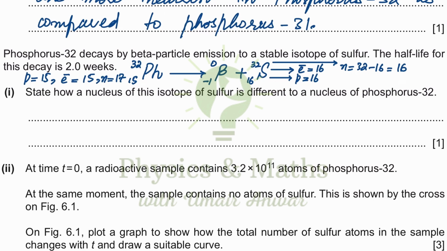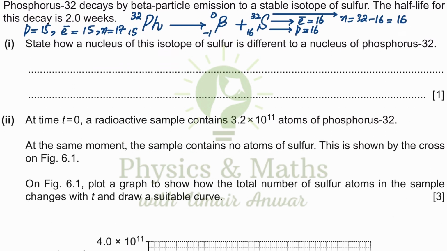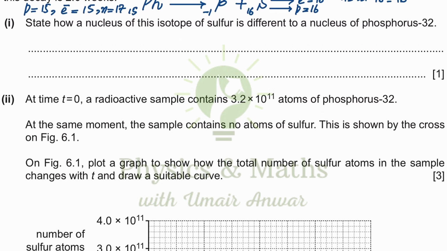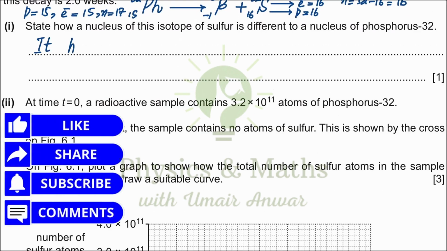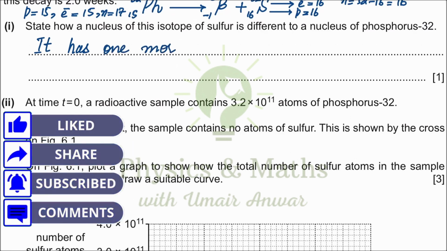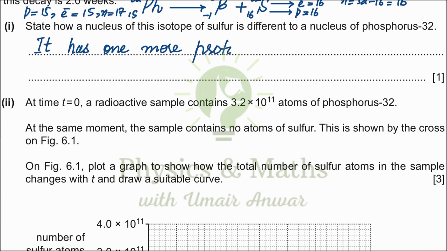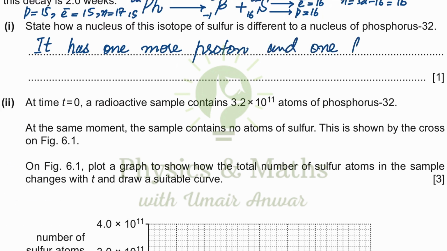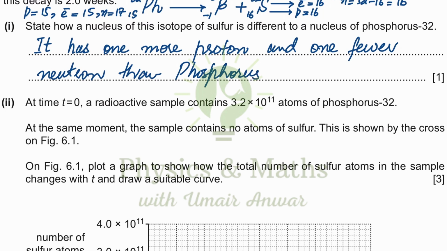So now I'm writing the answer. State how a nucleus of this isotope of sulfur is different to a nucleus of phosphorus 32. It has one more proton and one fewer neutron than phosphorus 32.